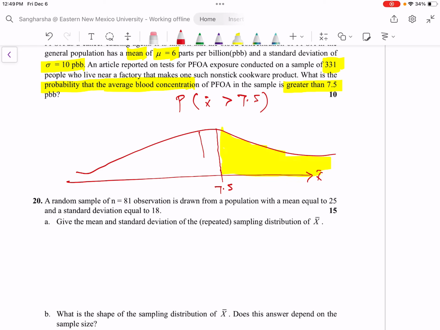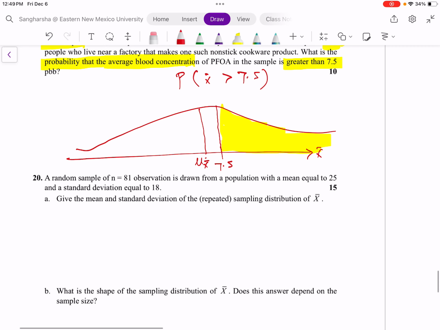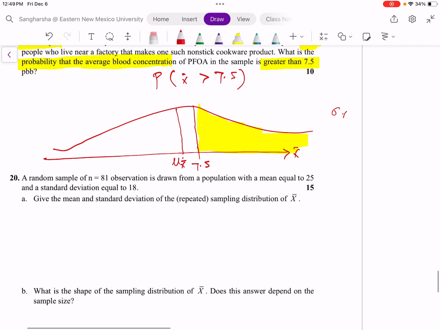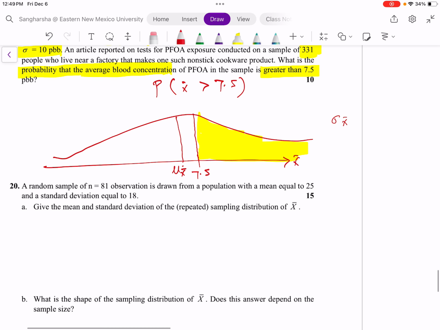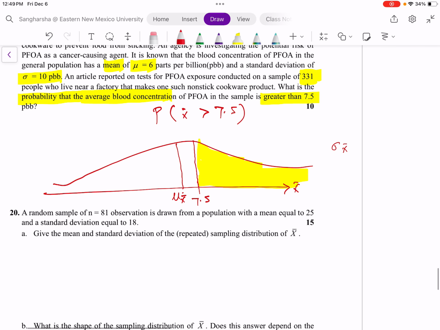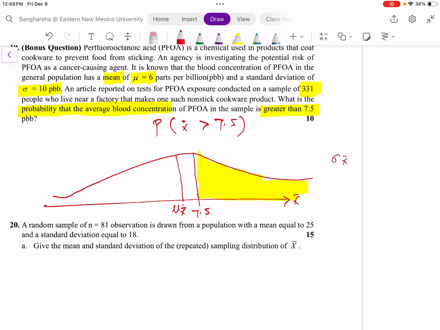We have the center somewhere here. We don't know what the mean is here, mu of X bar, and we need to find it. On the top it says mean equals 6. That is the mean of the population, but we are interested in the probability of the average, which means the sampling distribution of X bar.